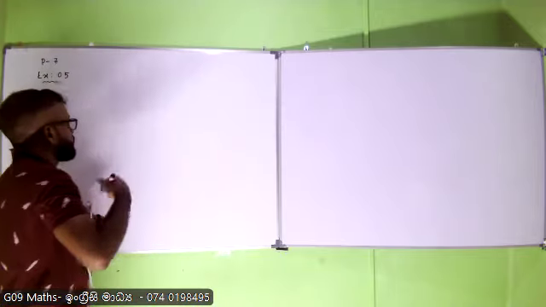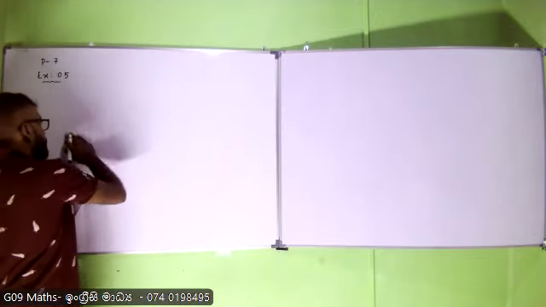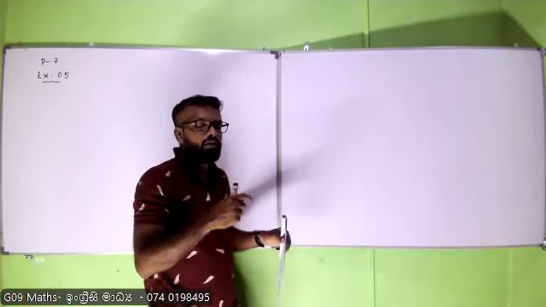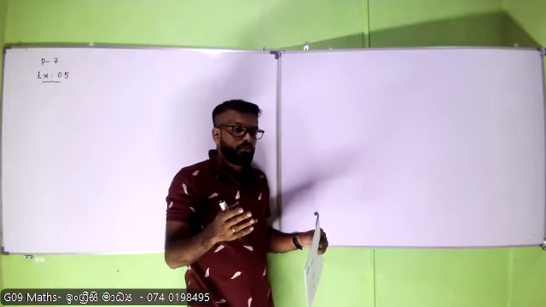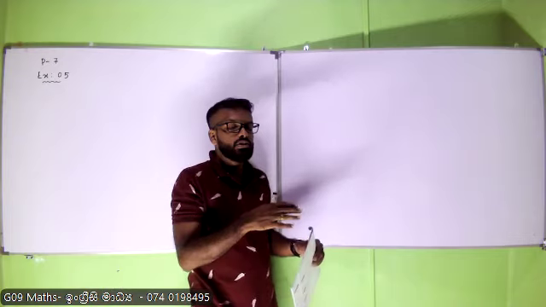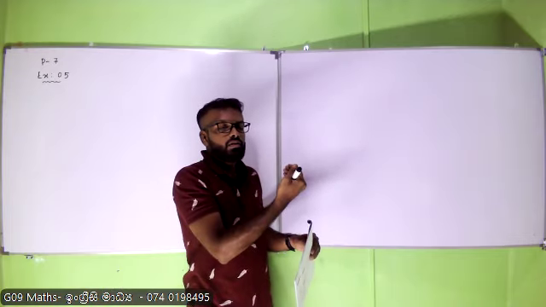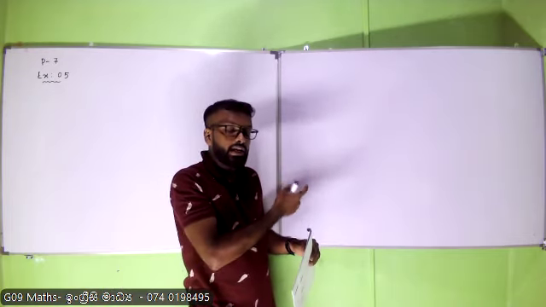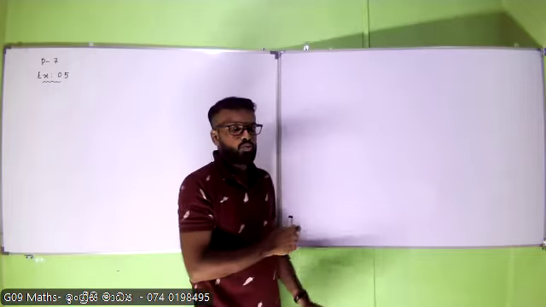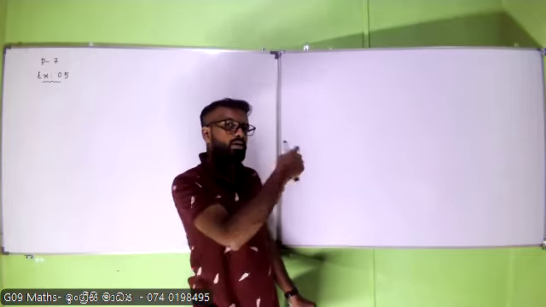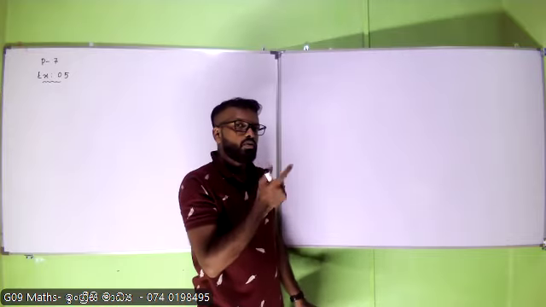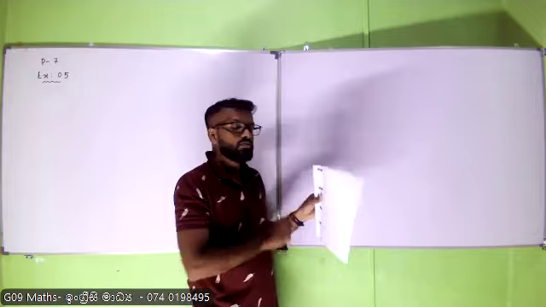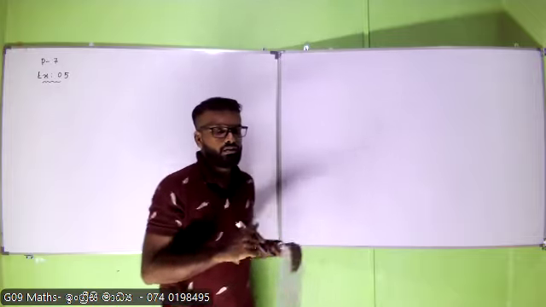You know the total summation of the interior angles of any polygon is given by the relationship 180 times (n minus 2). They have given the total summation of the interior angles as 1620.